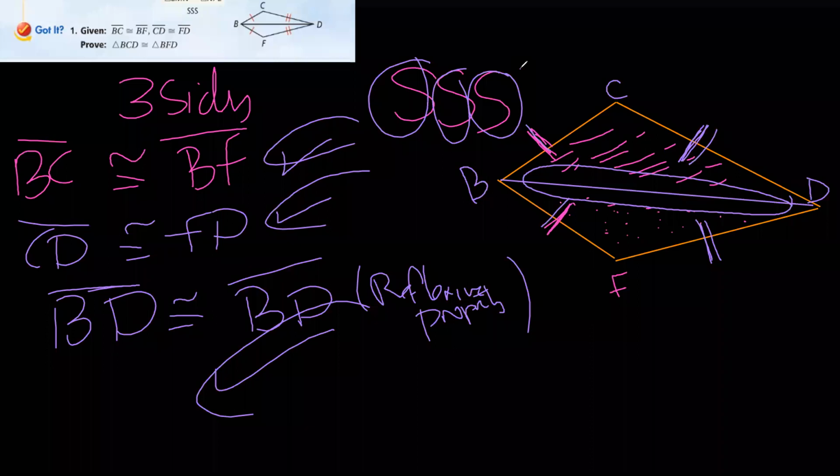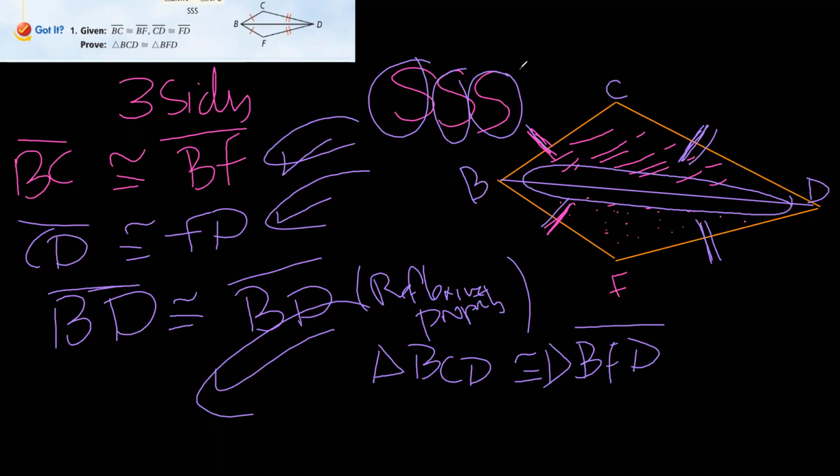So can I say now that the triangle BCD is congruent to the triangle BFD? Yes, since I proved the first side, the second side and also the third side. I proved the 3 sides are congruent, so I will say that my first triangle is congruent to the second triangle.